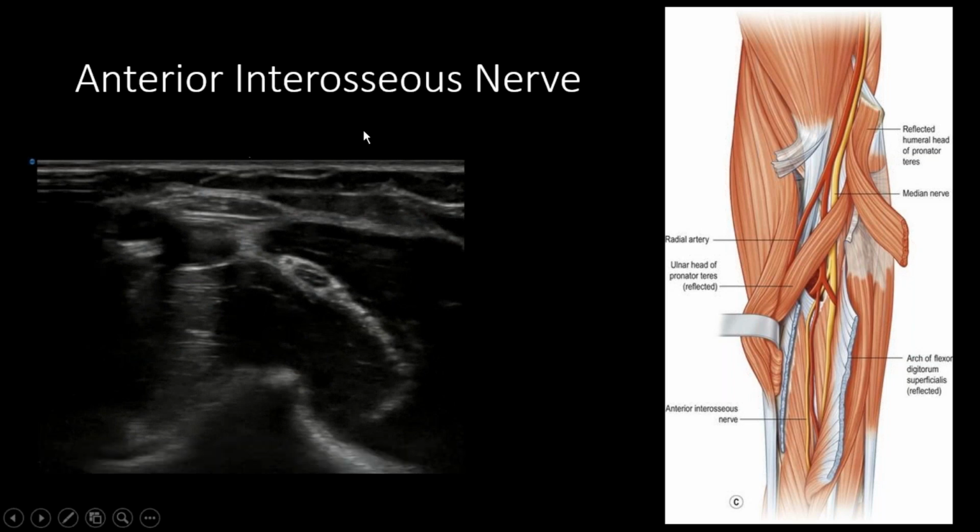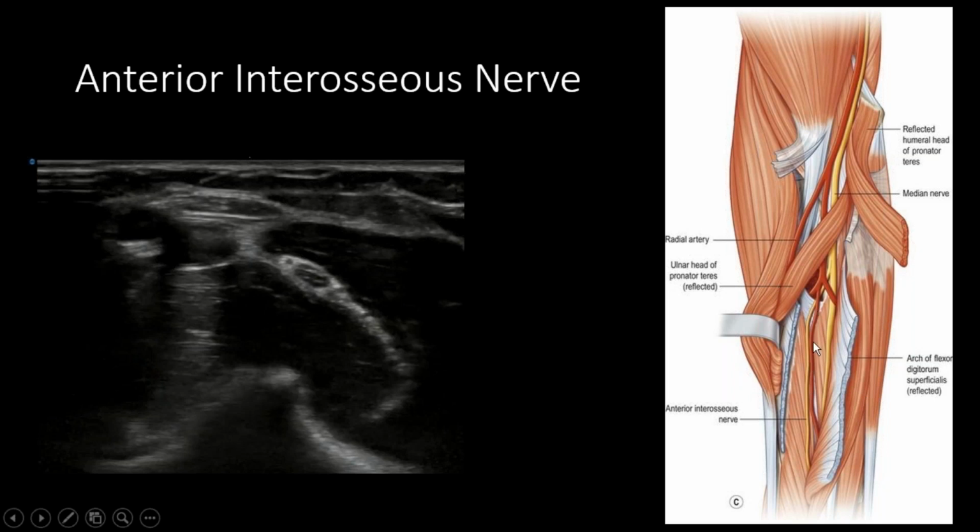The anterior interosseous nerve is a motor nerve which originates from the main median trunk, and it divides from the main median nerve at approximately 4 to 5 centimeters distal to the lateral epicondyle. So here you can see the anterior interosseous nerve dividing, and because this nerve is traveling between two heads of pronator teres, and there's other fascia like the arch of flexor digitorum superficialis, because of the fascial tension, this nerve can get entrapped.